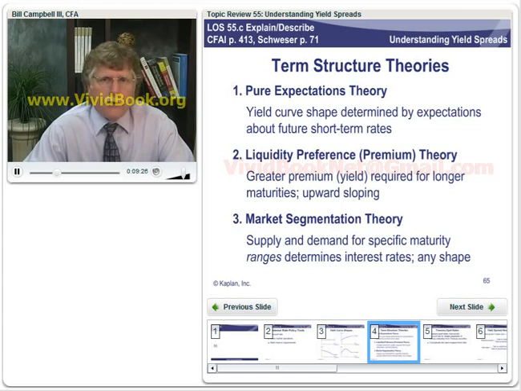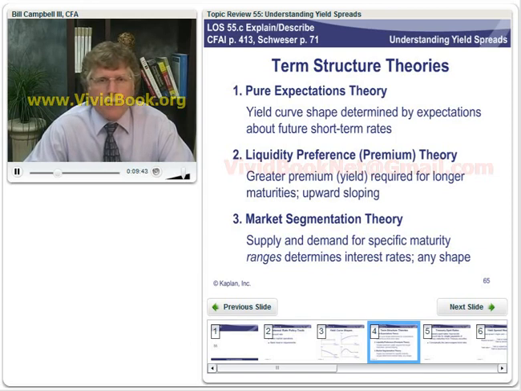The third theory that we have is what's called the market segmentation theory. The market segmentation theory is a supply and demand theory. It says that specific kinds of investors have specific maturities at which they like to invest.